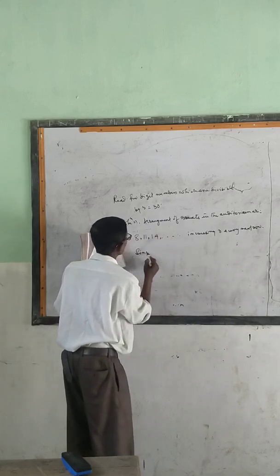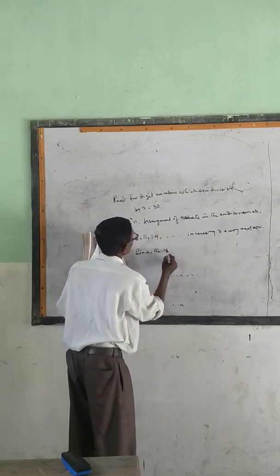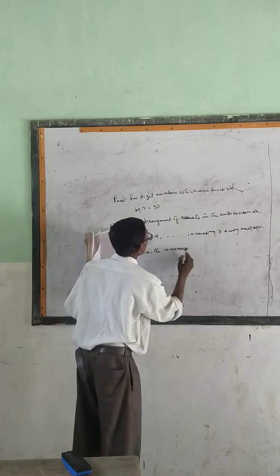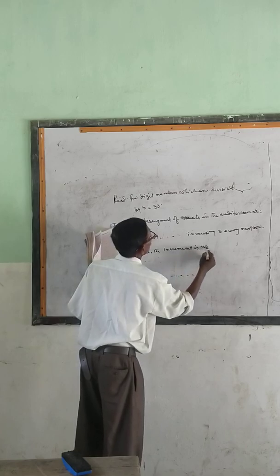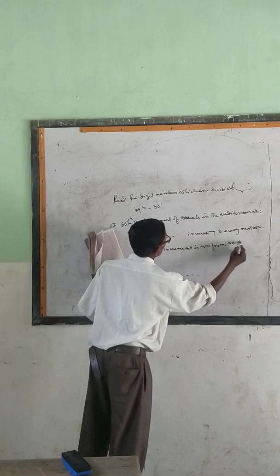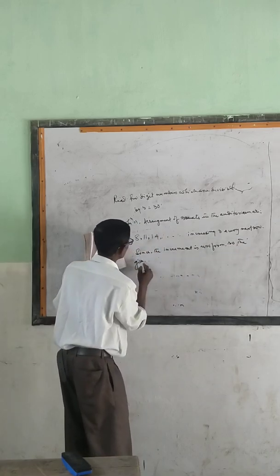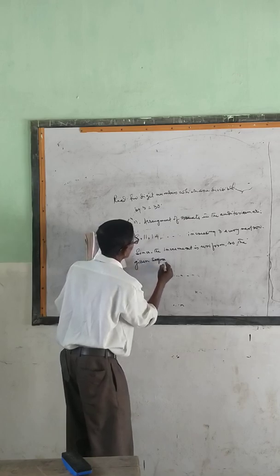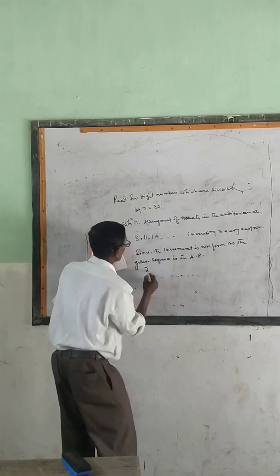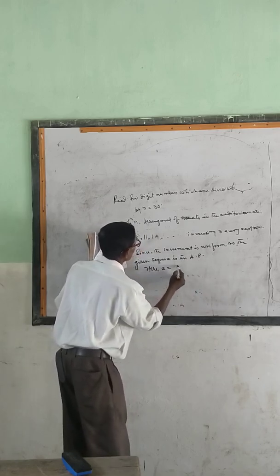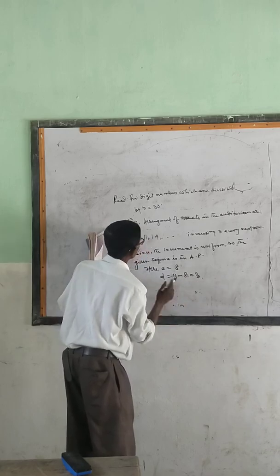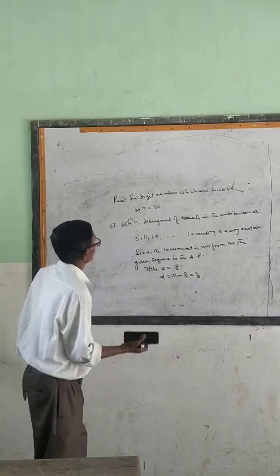Since the increment is uniform, the given sequence is in AP. Here A means 8. D means 11 minus 8 equal to 3.